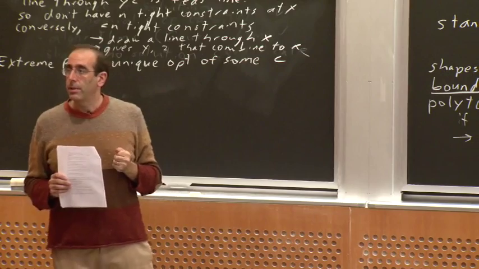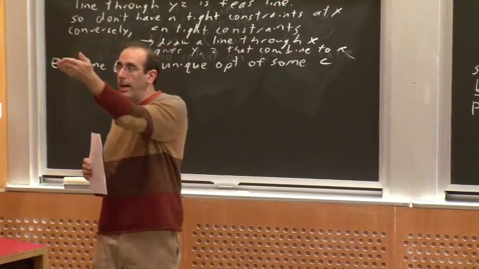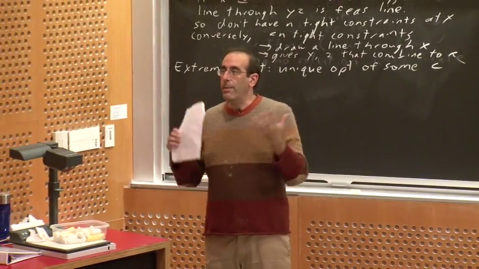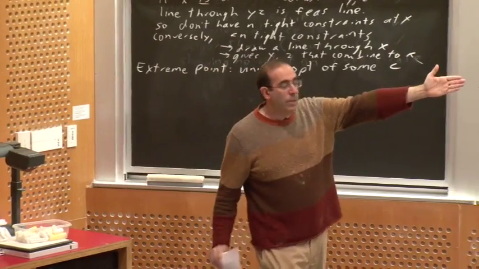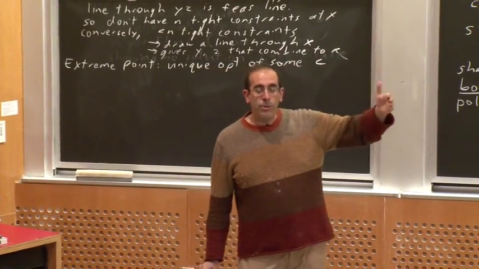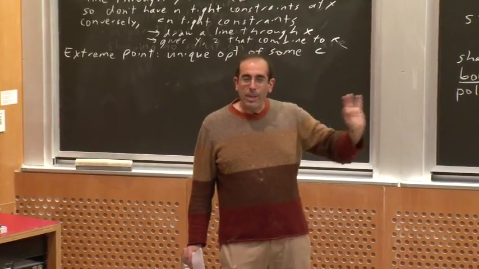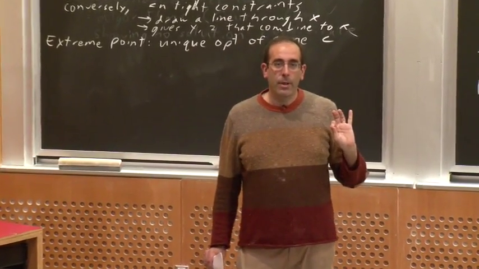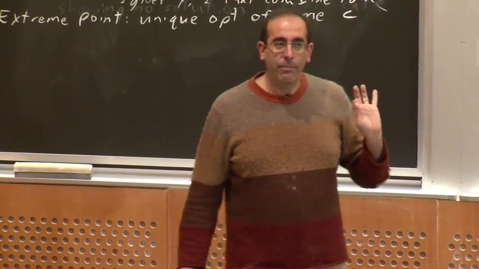So what happens? Yeah? I can't move. How come I can't move? There are no other optima, right? The whole point of the argument over there was that I could move along a line of optima. So if my optimum is unique, there can't be a line of optima. Which must mean I'm already at an intersection of n tight constraints.